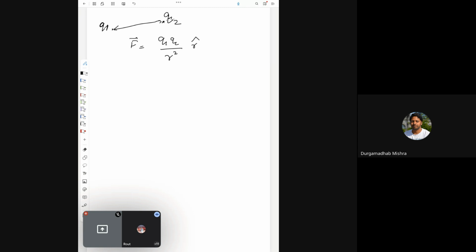R cap is a unit vector, the vector which joins these two points, where R is the distance between the two charges. This is what you know as Coulomb's law.